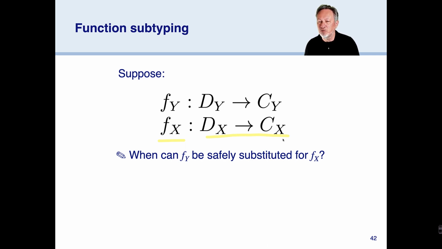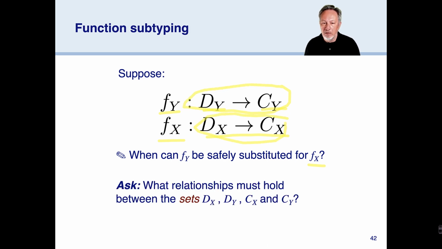Now the question is, when can I safely substitute another function, f sub y, which maps from dy to cy, for f sub x? When are they completely compatible? When is this a subtype of that? In other words, what are the relationships that may hold between these sets?